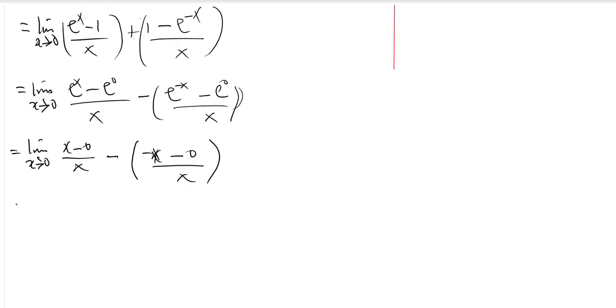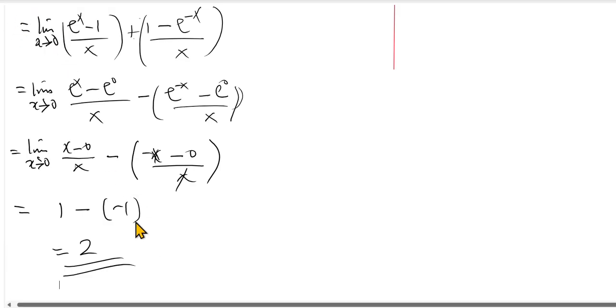This will give us 1 minus, this is minus 1, this cancels this, gives us minus 1. So we are going to have the final answer. 1 minus minus 1 will be 1 plus 1, which is 2, the final answer.